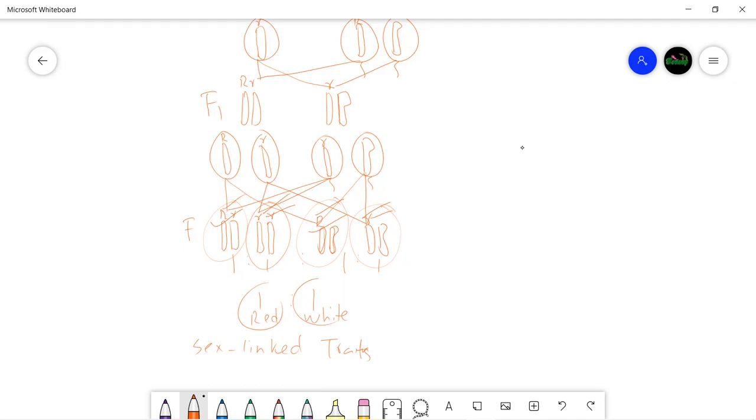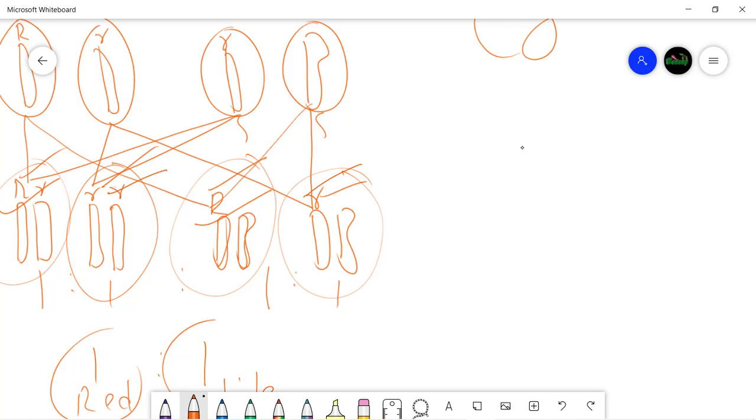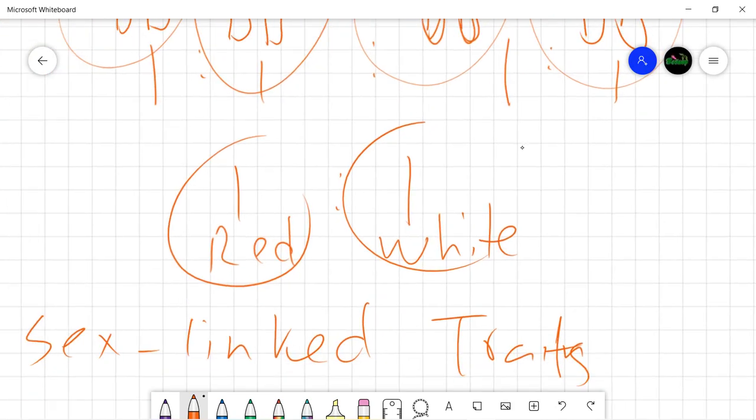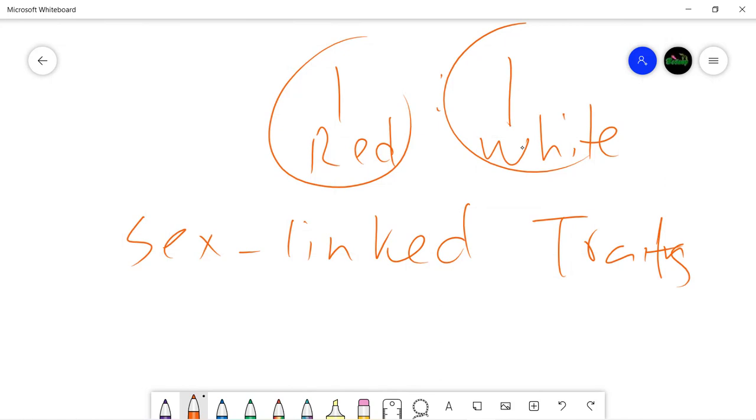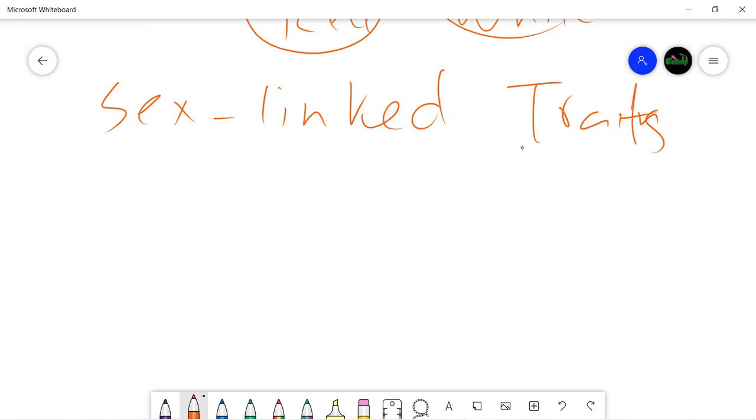So one of them is, now this is just by chance, that the trait of sex-linked inheritance in Drosophila is also an eye color, and in humans it is not eye color, but it is related to eyesight or eyes. So that is color blindness.